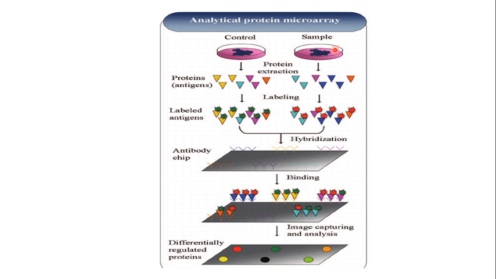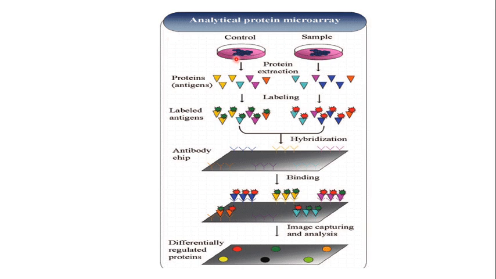Now what you do is, when you apply the drug over here, you are going to isolate the proteins or antigens, for example, from the control as well as from your sample. And the next step is to label them. In this particular case, the labeling is done with different fluorescent molecules.